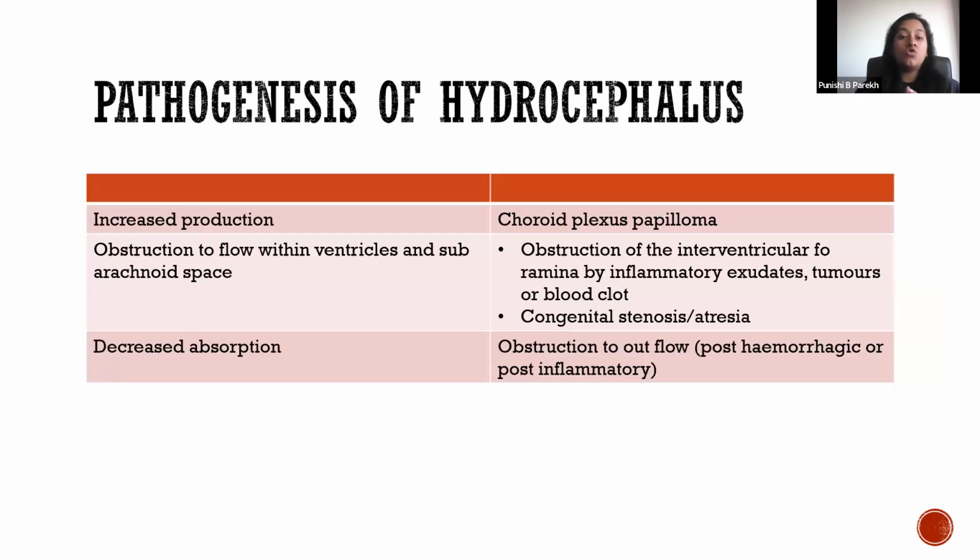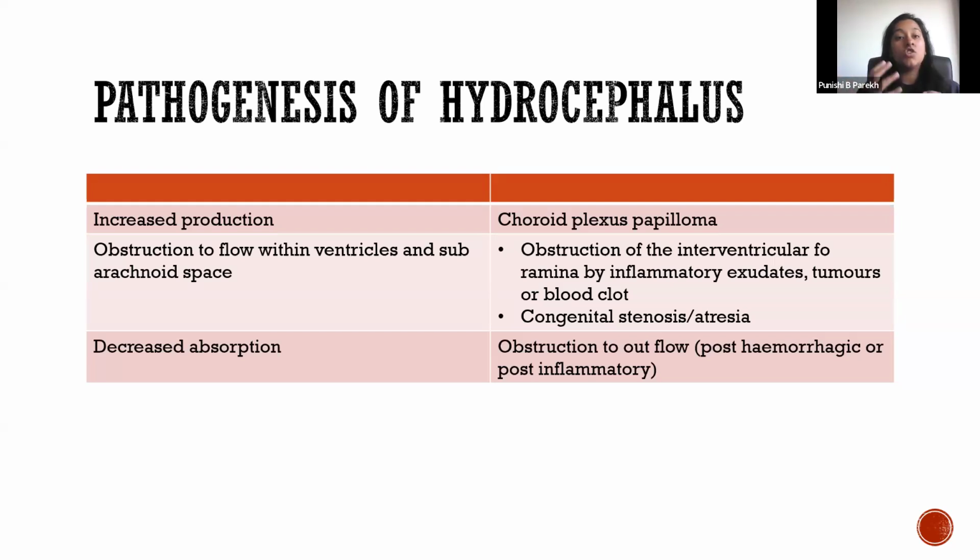So what is the pathogenesis of hydrocephalus? Why does hydrocephalus happen? Like we saw, it's either because of increased production, an obstruction to flow, or decreased drainage of CSF. Increased production happens when there's a choroid plexus papilloma, which is the site of production of the CSF within the lateral ventricles.